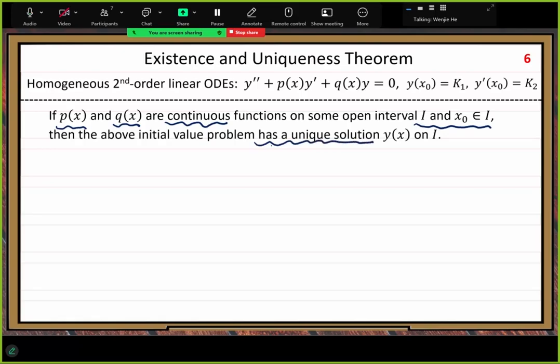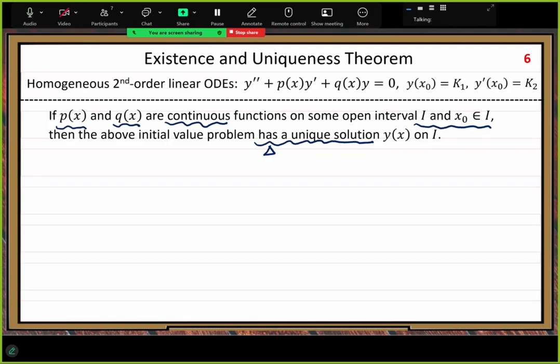So here you can see "has", that's the existence, right? It addresses that existence issue. That unique solution. So you can see this theorem covers both existence and uniqueness. So very simple. Comparing with our first order result, you can see it's even simpler.